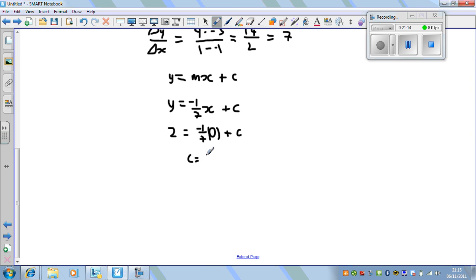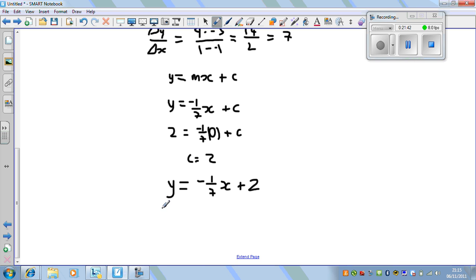Okay, and that means that our line is going to be y is equal to minus a seventh x plus 2. Now sometimes, because there's a fraction in here, a negative fraction at that, the exam board likes to rearrange it so it looks a little bit nicer.